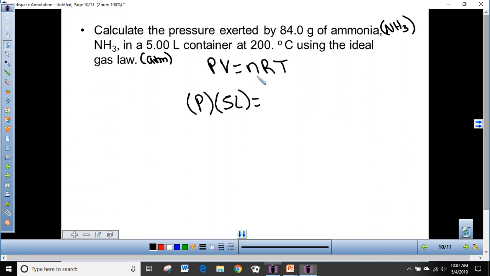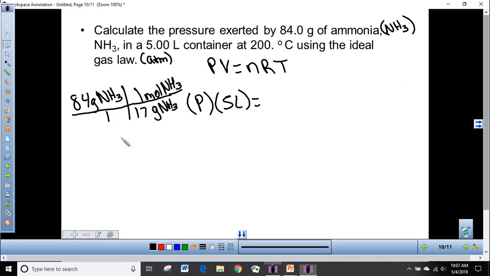N stands for number of moles, so that 84 is not going right there. I need to convert 84 grams of ammonia to moles. And hopefully at this point in the game we're good at that. 1 nitrogen, so 14 plus 3 is 17. We can just take 3 significant digits.